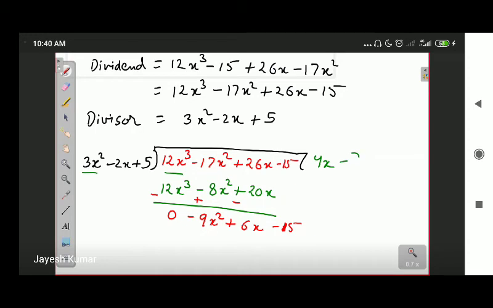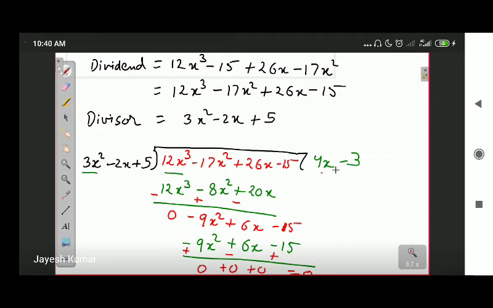Minus 3 times 3x square gives minus 9x square, minus 3 times minus 2x is plus 6x, and minus 3 times 5 is minus 15. Again you change the signs: this will become plus, this will become minus, this will become plus. Minus 9x square plus 9x square is 0, 6x minus 6x is 0, minus 15 plus 15 is 0. So we get the remainder as 0 and the quotient as 4x minus 3.